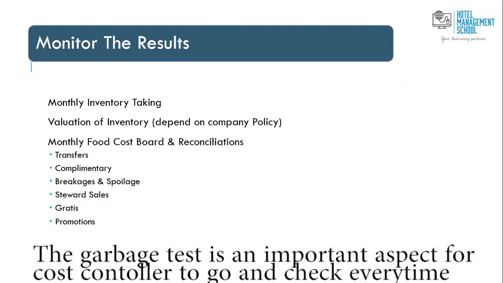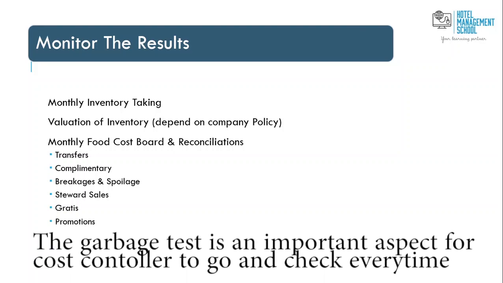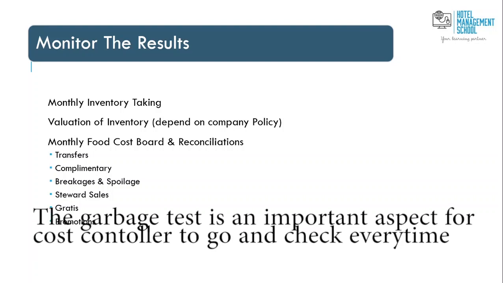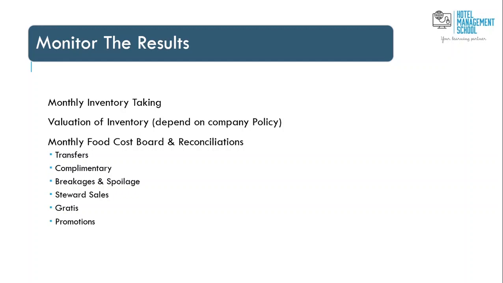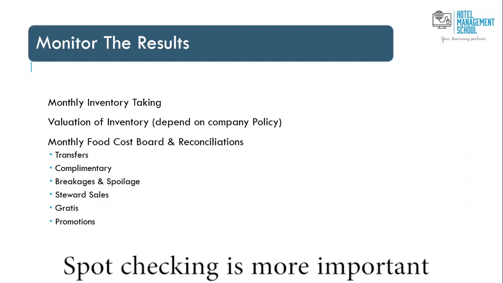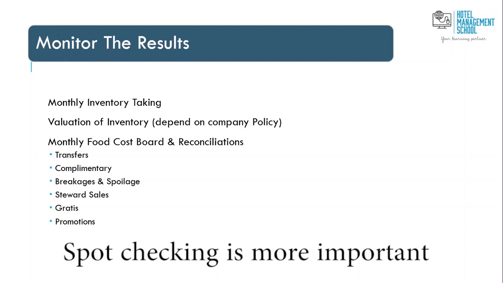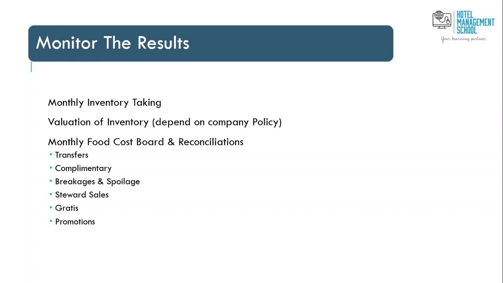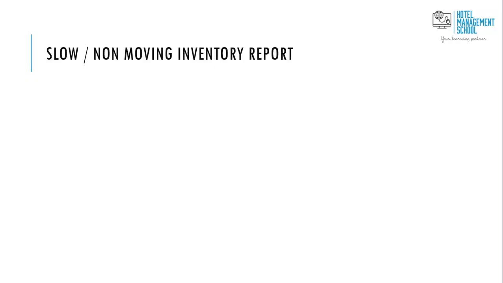The garbage test is one of the very important aspects for cost controllers to go and check every time. You can do it every day or every week. Spot checks. So spot checking is more important. As a cost controller, you are supposed to go around more in the area, not sit in the office. Keep going around and checking things.